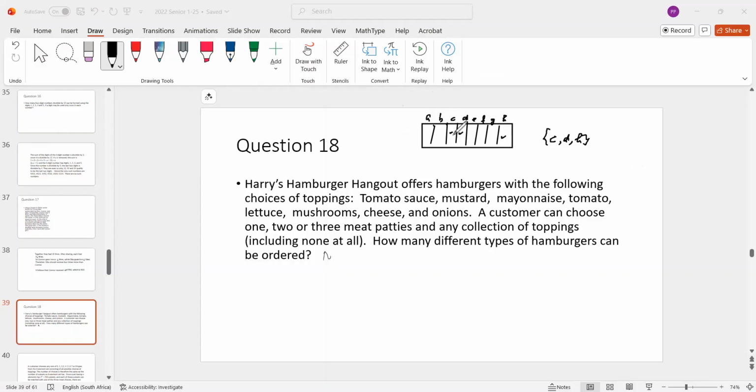So either a block has got a tick or it doesn't. That means that element belongs to the subset. Like this one here does not belong, that does not belong, and so on. So every box here has got either a tick, which we'll put down as yes, or it doesn't have a tick, no. So that means each box can be filled in only 2 ways, either yes or no.